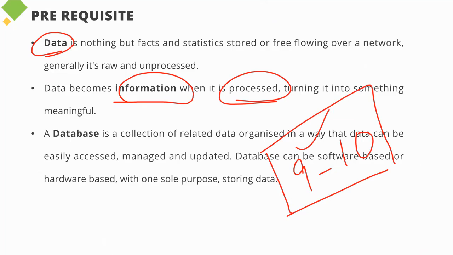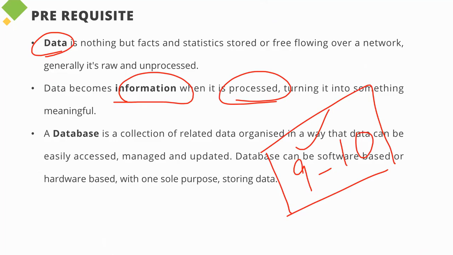So I am performing some process on it. What is my process here? In programming terms, you can also say it's a function. I am processing a function where I need all the data of people who come between 9 and 10. This is called information.